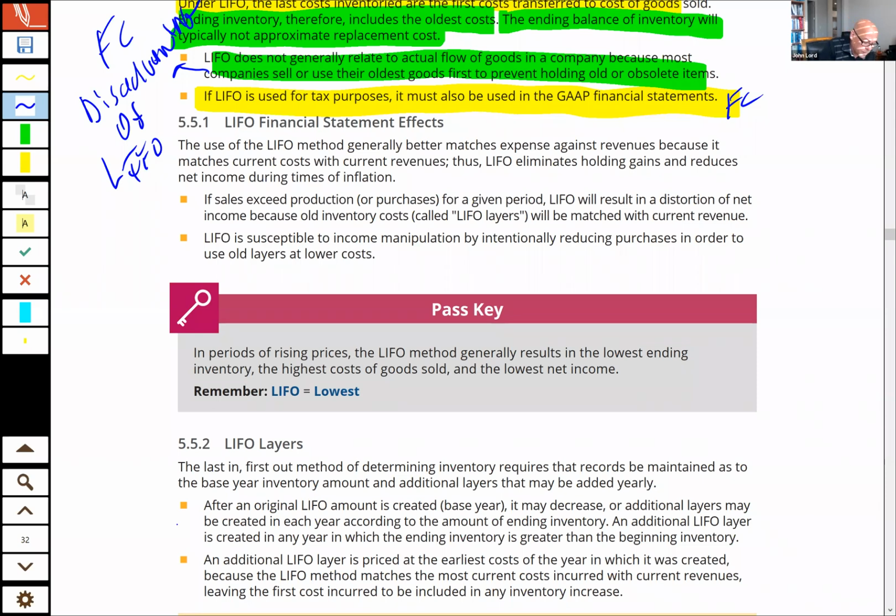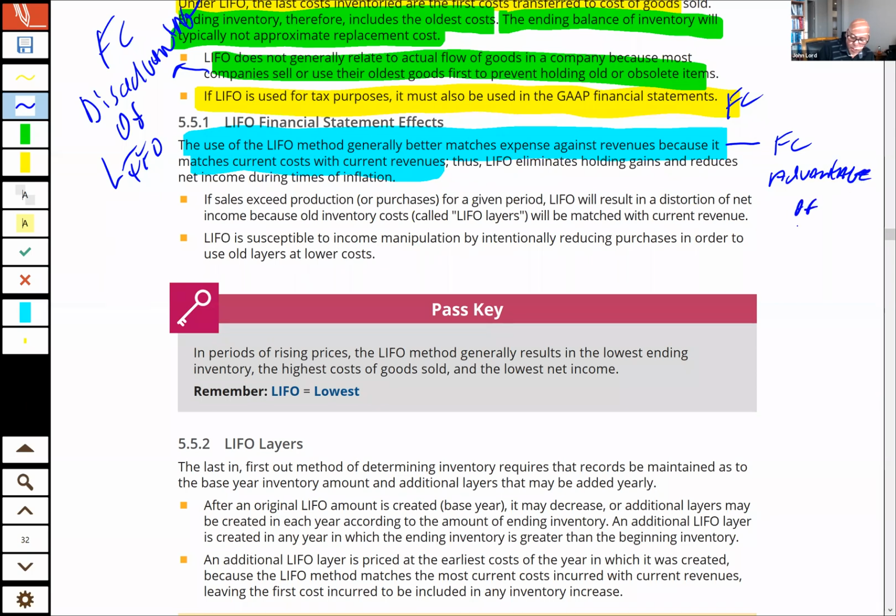Okay. Now, taking a look, the use of LIFO method generally better matches expenses against revenue because it matches current costs with current revenue. Okay, well, I like that. Let's flashcard that as an advantage. That's an advantage of LIFO. Okay, good.